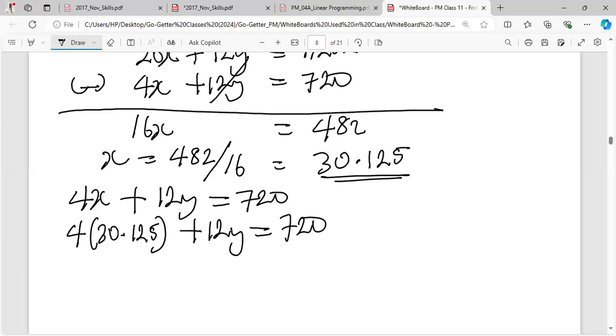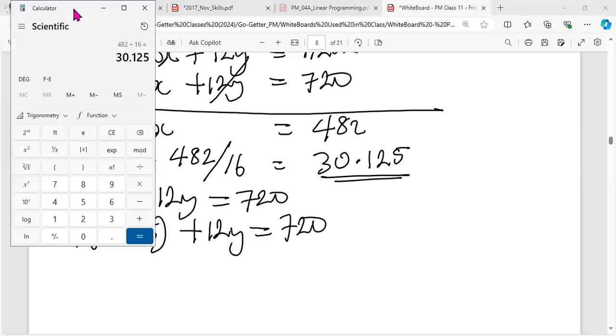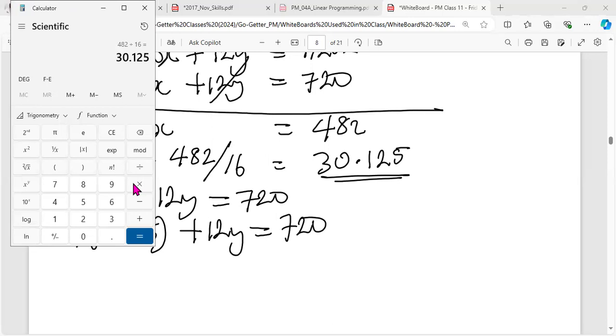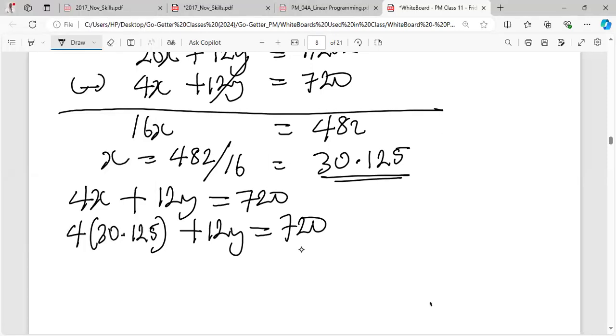So let's multiply 30.125 by 4. That gives me 120.5. So this is 120.5 plus 12y. That gives me 720.